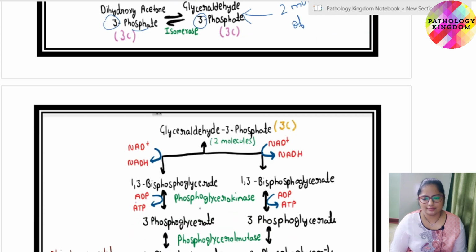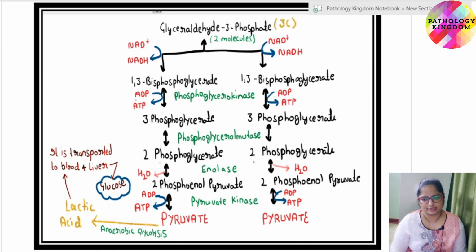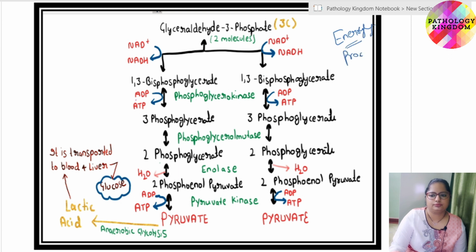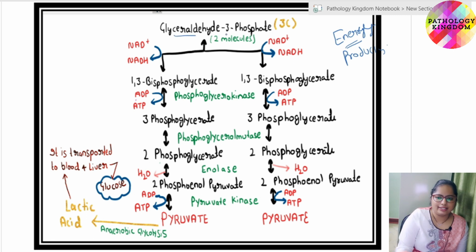Now the next is the energy producing phase. As we have 2 molecules of glyceraldehyde 3-phosphate containing 3 carbons, this glyceraldehyde 3-phosphate is converted into 1,3-bisphosphoglycerate, then 3-phosphoglycerate, 2-phosphoglycerate, finally phosphoenol pyruvate, and then pyruvate.